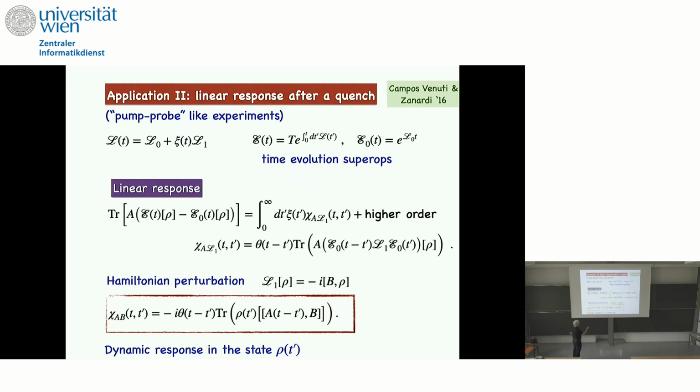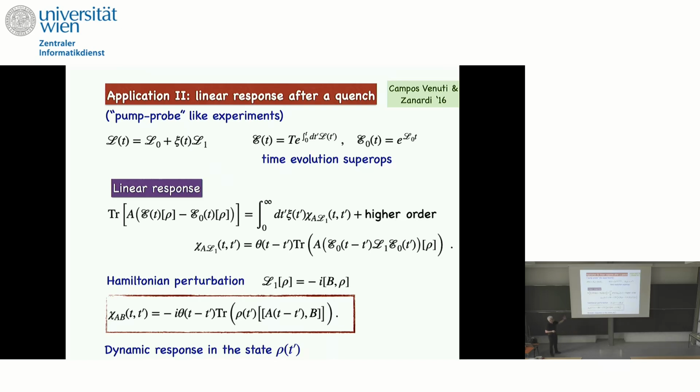However, if you specify now, I want to do a Hamiltonian perturbation, so this L1 here I take of Hamiltonian form, which is what you would do in an experiment, then the susceptibility becomes a bit easier. So it takes this form, which is very nice, because it looks like a dynamic response function, which is this part here, in the time-evolved state.